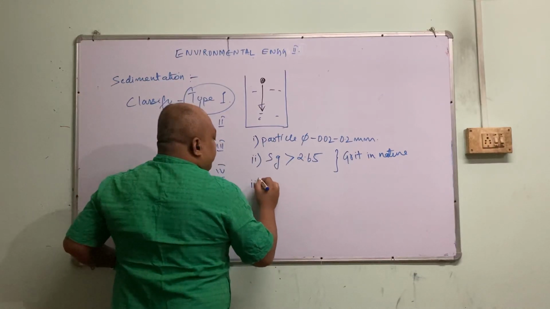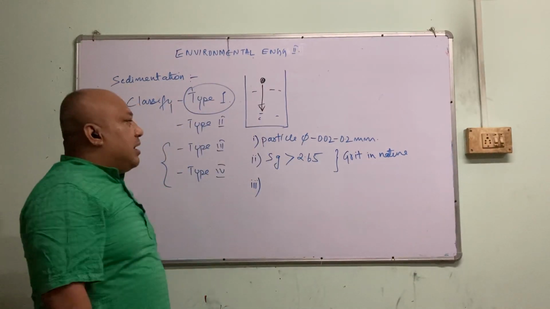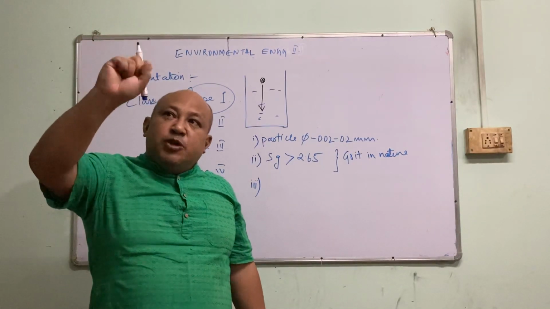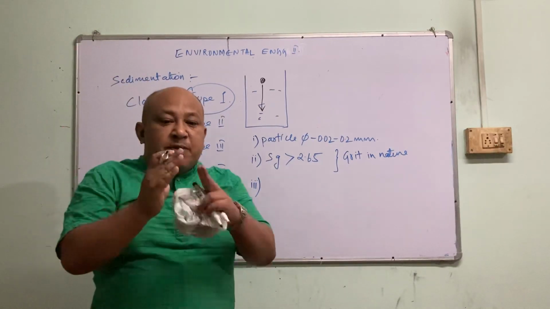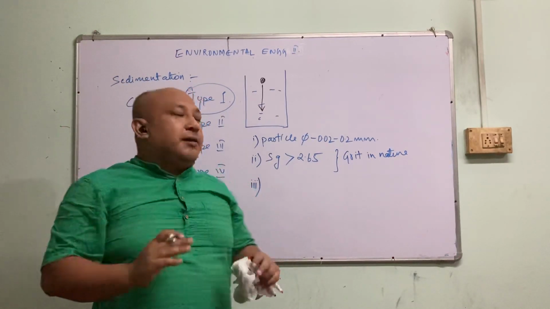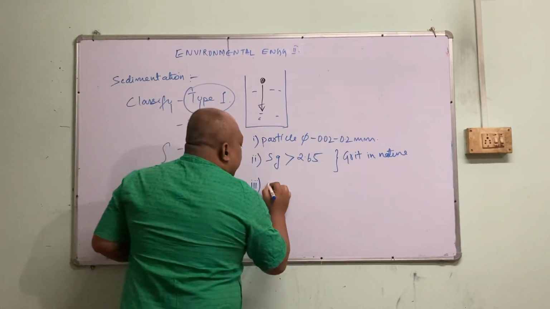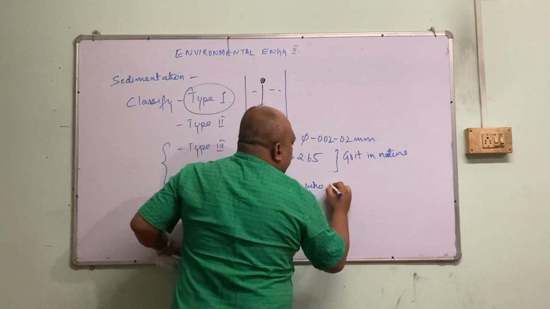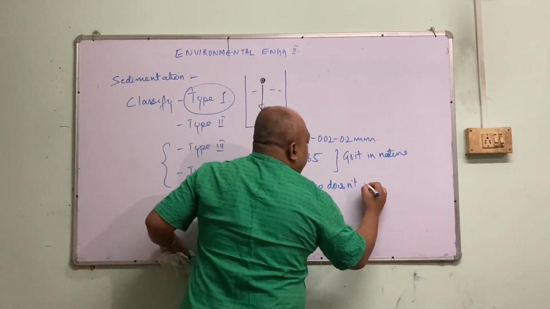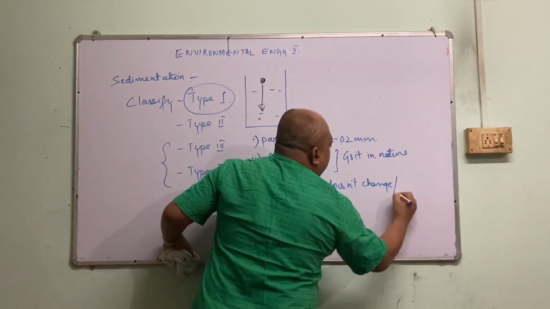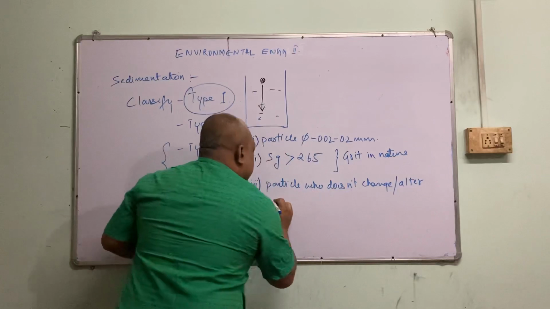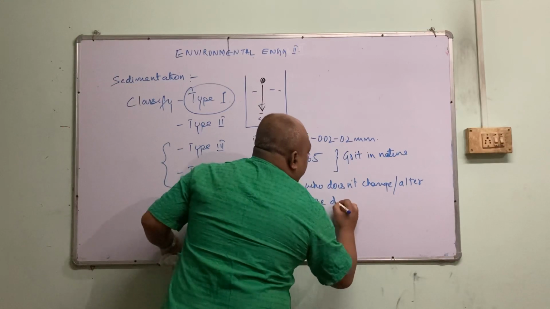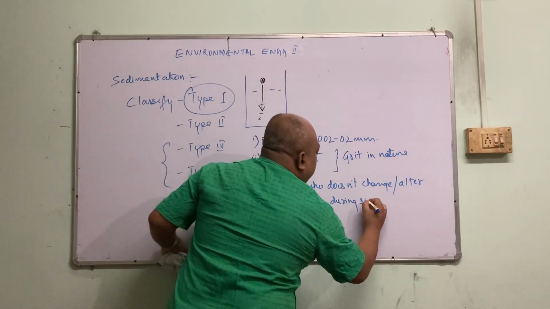Number three, when this type of particle settles down, another condition is there. You may have seen that with mud particles or soil particles, if you make a ball and make it settle down, it crumbles and is scattered. We don't want that. This classification is especially for particles that don't change, or alter, shape and size during settlement.